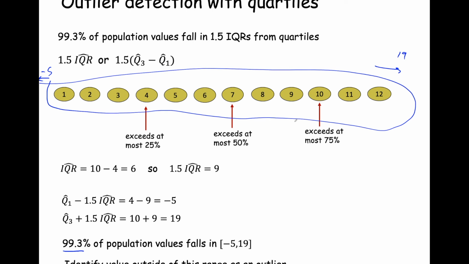And so any value that you get that is less than negative 5 or greater than positive 19, that's considered an outlier because it doesn't represent the majority. It only represents 0.7% of the values that you could observe.